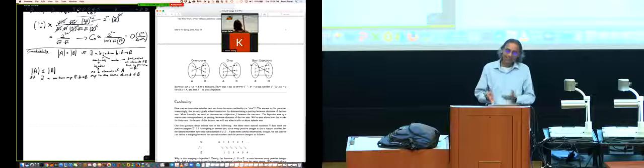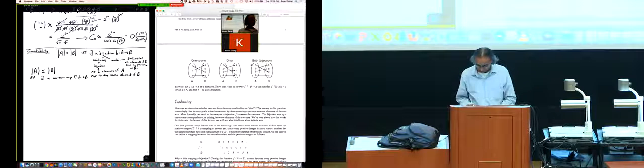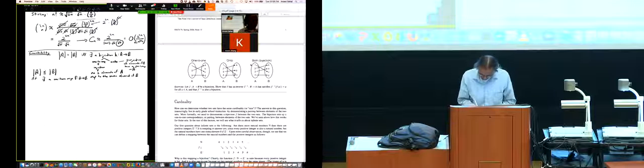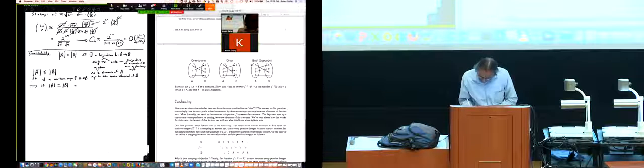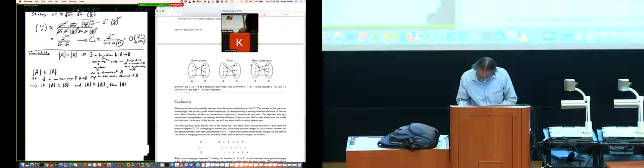But we also want the same things to hold for infinite sets. So what is the relationship between less than or equal to and equality? The natural relationship we want to establish is that if the size of A is less than or equal to the size of B, and the size of B is less than or equal to the size of A, then the two sizes are equal.